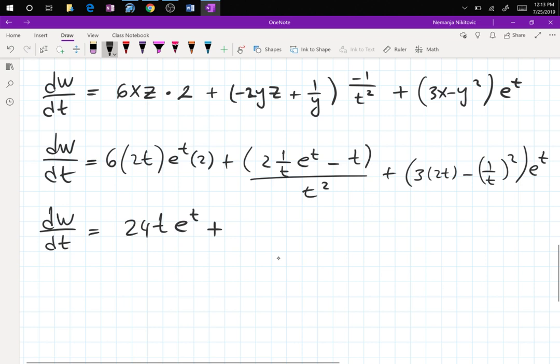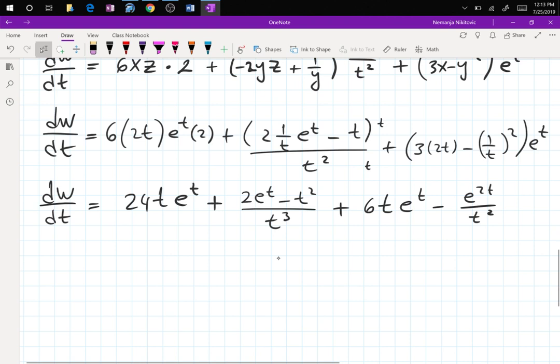If you multiply top and bottom by t to kill that fraction, you are going to have 2e to the t minus t squared divided by t cubed. And then plus, over here you have 6te to the t minus e to the 2t over t squared.